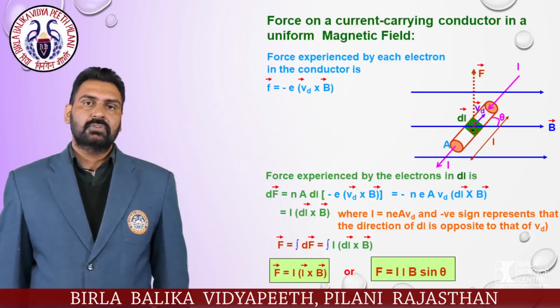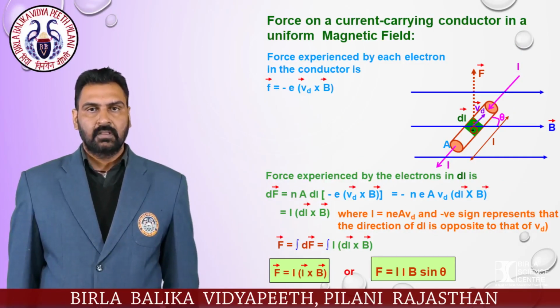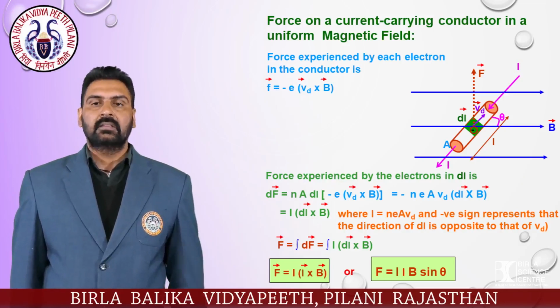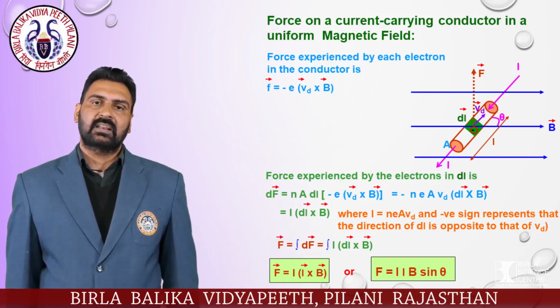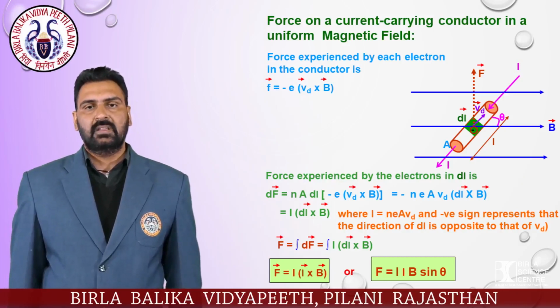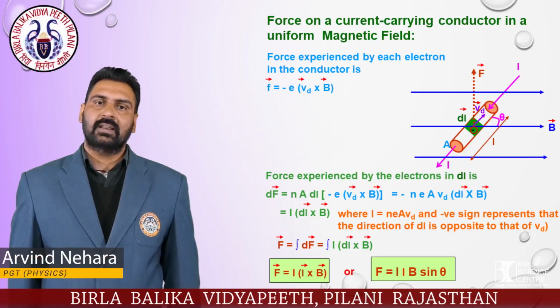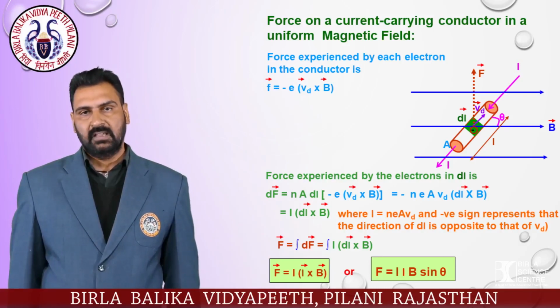Next is force on a current carrying conductor in a uniform magnetic field. The force experienced by each electron in the conductor is given by, again, the Lorentz force F = QVB sin theta. So we can write F = -e (Vd × B). If n is the number density of electrons and A is the area of cross section of the conductor, then the number of electrons in the element dl is nAdl.